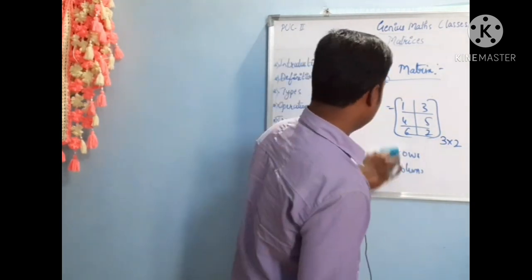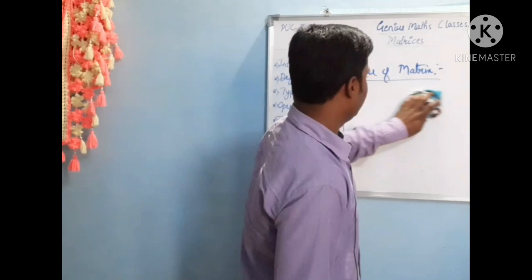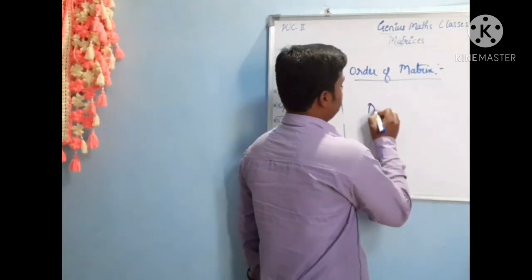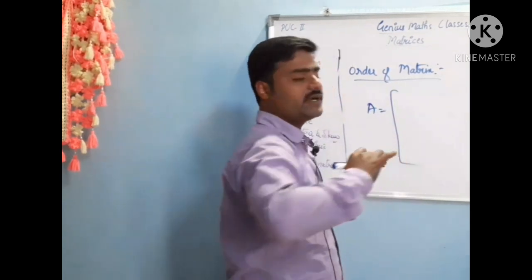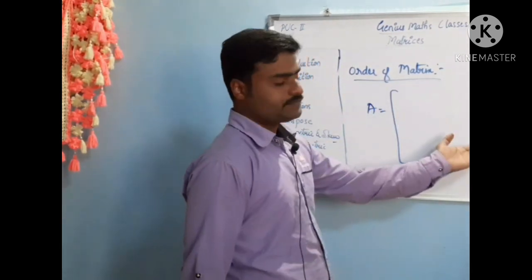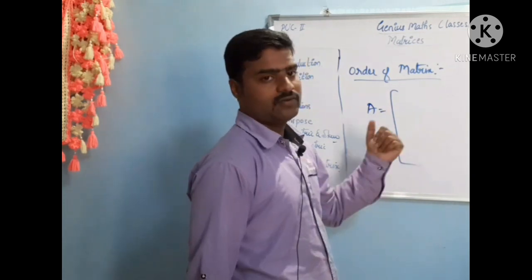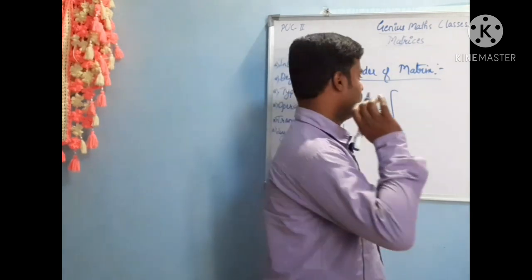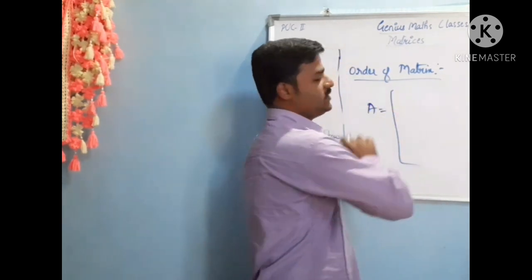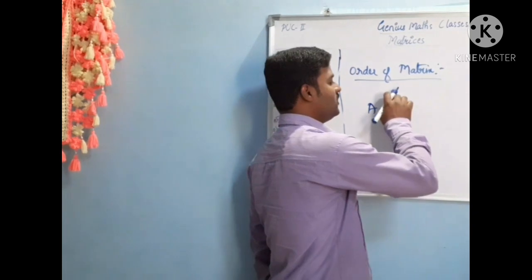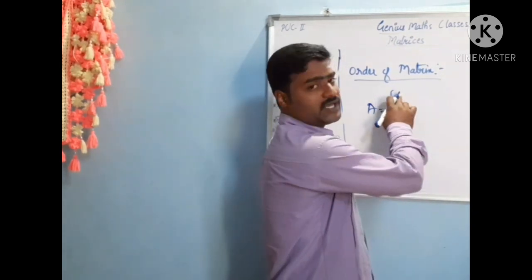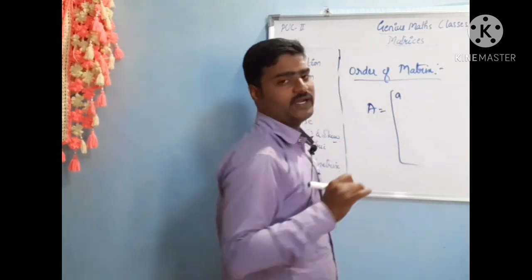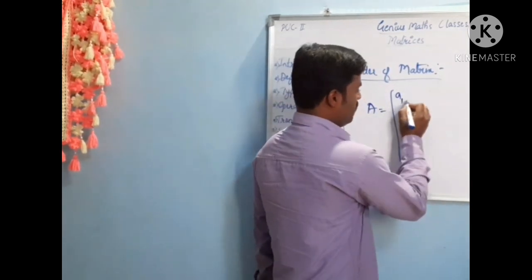So similarly, how to write in general? In general, we can write the order of a matrix. And how to write the elements of the general matrix? If you want to write the first element, it is in the first row, first column. Therefore A is the element in the first row, first column.